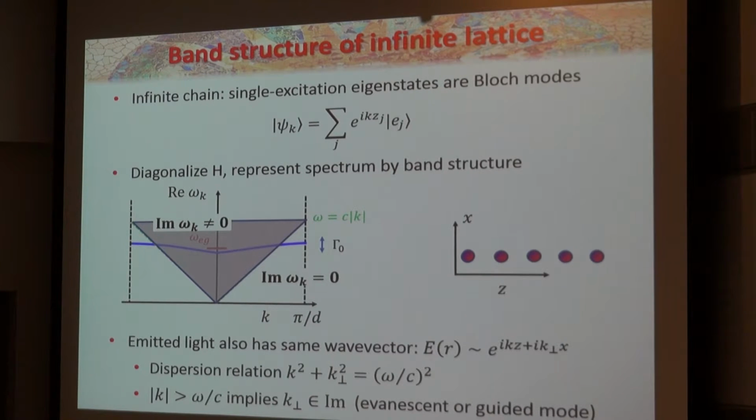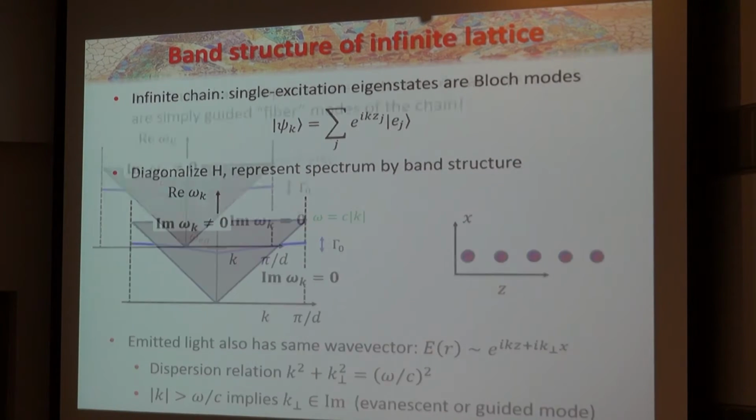Right? Because the electromagnetic field associated with this atomic excitation is decaying evanescently out to infinity. It can't radiate energy away. And then the states within this triangle, within this so-called light cone, they're going to be radiative. Okay? So they're allowed to radiate energy out to infinity and to decay.